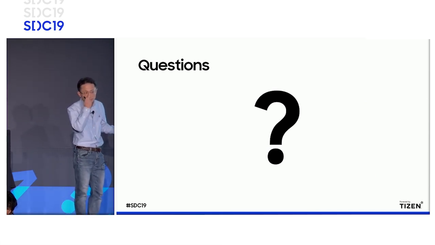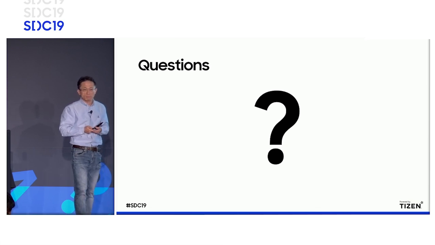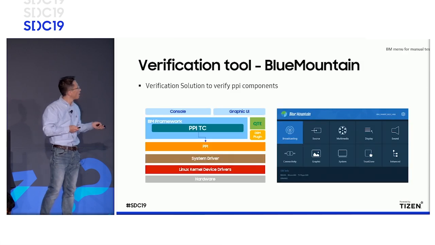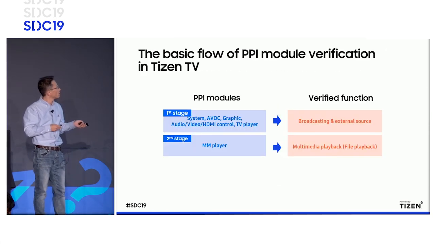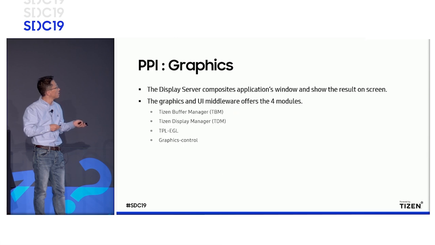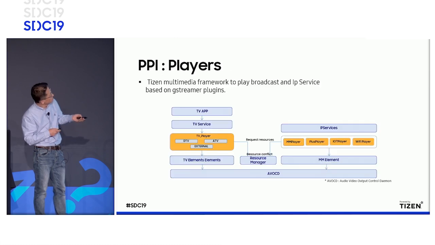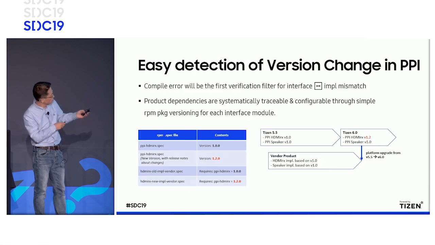You mentioned that when the platform is changed, the drivers should be updated. How do you maintain the update? You mentioned that there is a tool to check the different versions of the library to be matched to the common platform. Are you talking about this one, right?